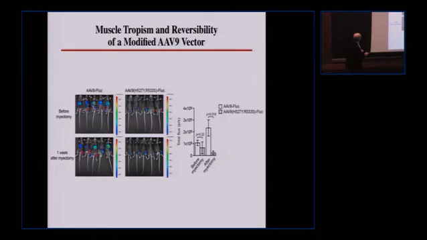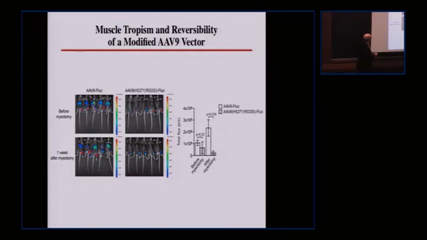So you see over here we're looking at the distribution of AAV9 using a luciferase reporter gene. With the standard AAV9 controls, we get a lot of expression at the site of injection, but we also see a lot of expression elsewhere, predominantly at the liver where AAV9 accumulates once it gets into the bloodstream. Guangping has developed another much more muscle-specific variant that's shown over here.